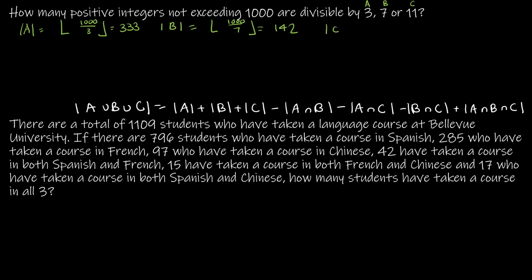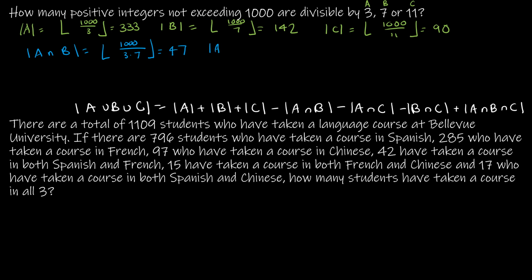And the cardinality of C, 1,000 divided by 11, which is 90. Then we take a look at pairs of two. So A intersect B would be the floor function of 1,000 divided by, remember, just 3 times 7, or 21, and that gives us 47.